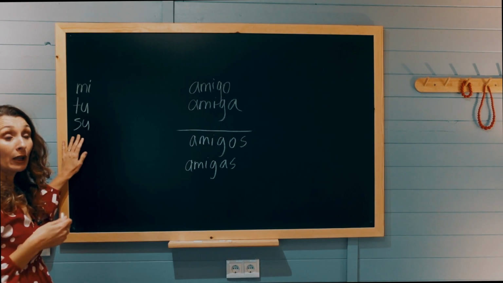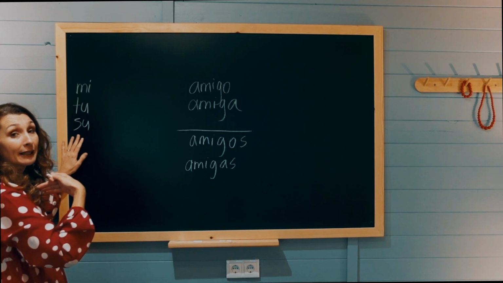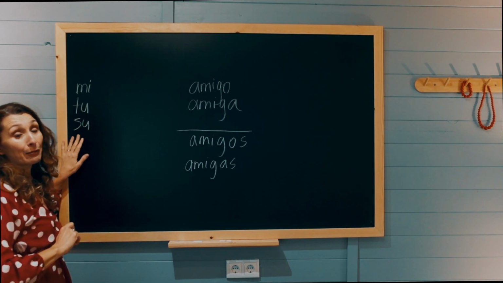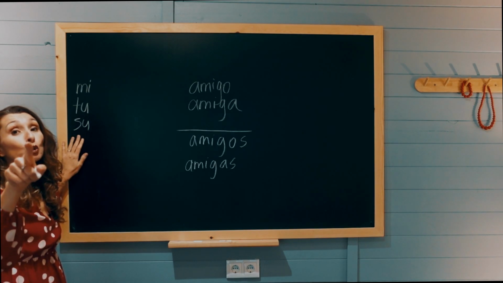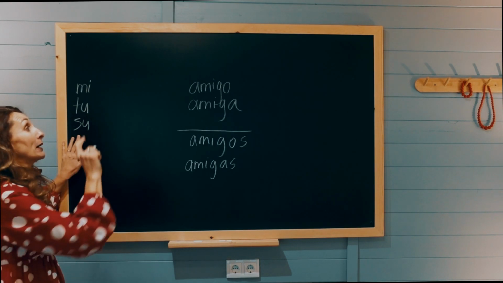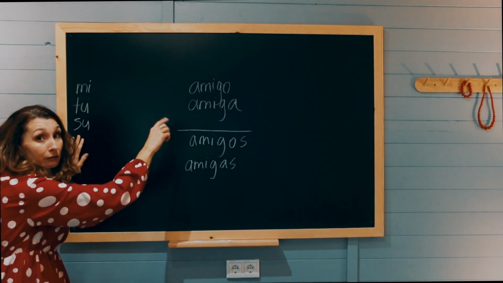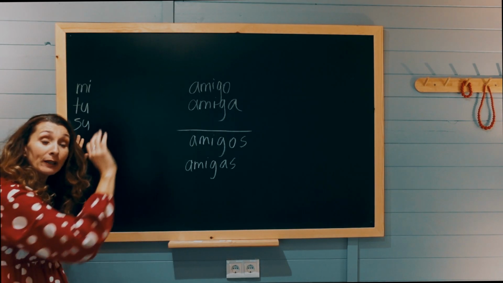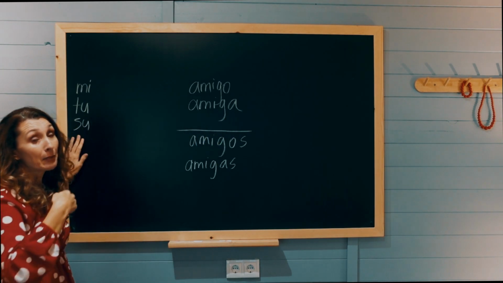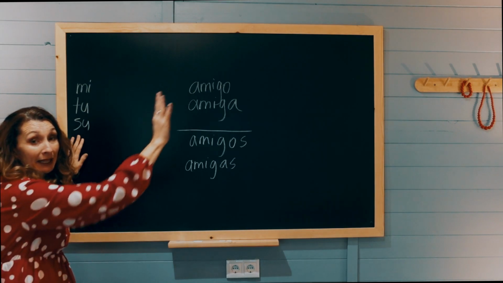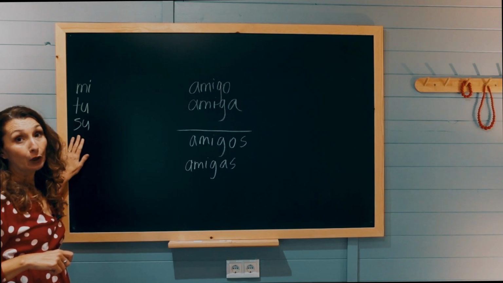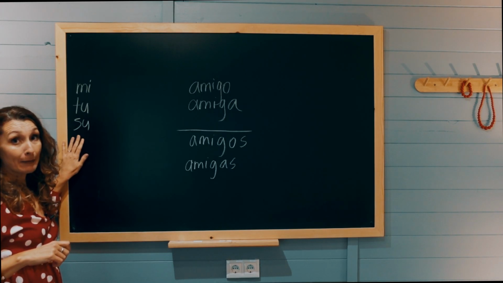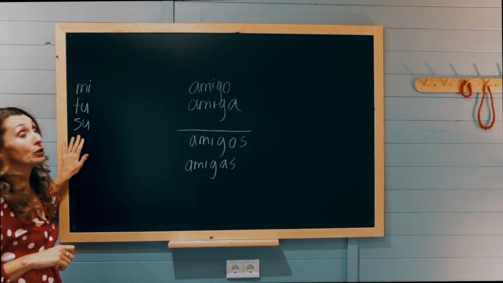Okay, so if this friend is mine, then he is mi amigo. But if this friend is yours, then it's tu amigo. But if this friend or girlfriend is someone else's, neither mine nor yours, his or hers, then it's su amigo or su amiga. Okay, good.